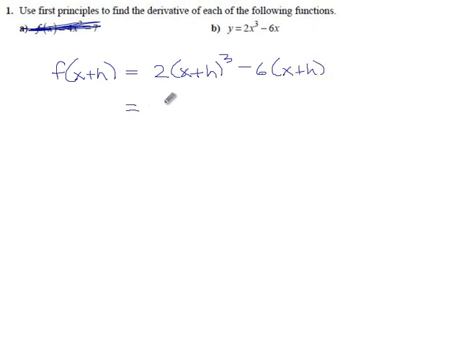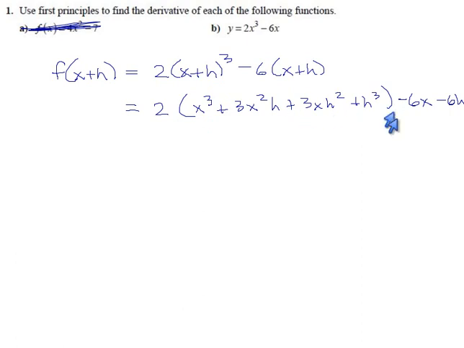Now, the binomial theorem or Pascal's triangle tells us that when you multiply this out, you get x cubed plus 3x squared h plus 3xh squared plus h cubed. And then we have minus 6x minus 6h. If you want to multiply this out brute force, you'll see that this is true.